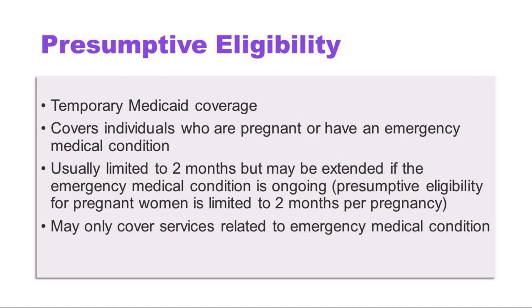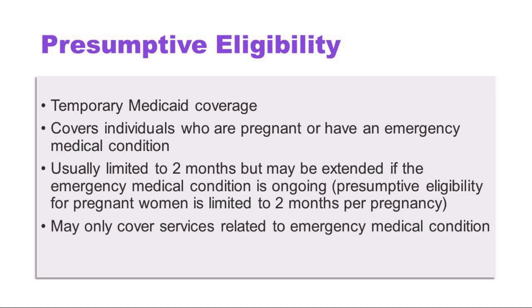Individuals who enroll in presumptive eligibility are encouraged to complete the full Medicaid application. Presumptive eligibility is limited to 2 months, but it may be extended if the emergency medical condition is ongoing. Clients would need to provide certification from their medical provider that they are still experiencing an emergency medical condition.